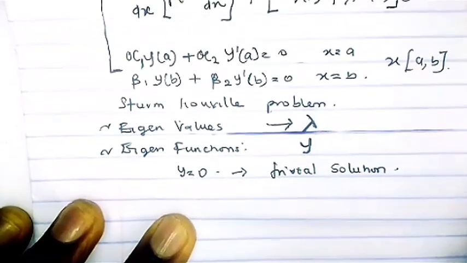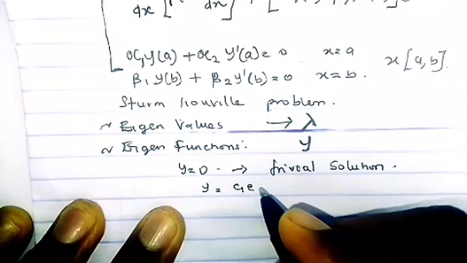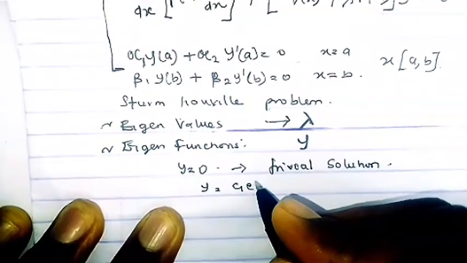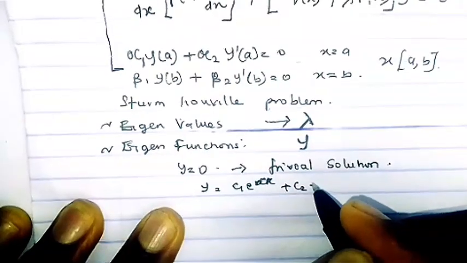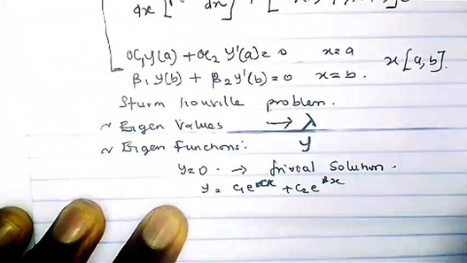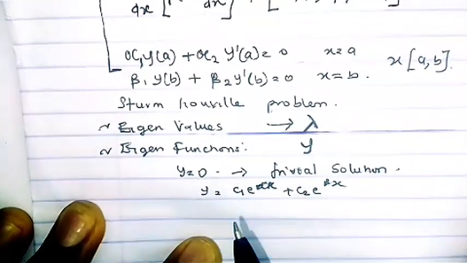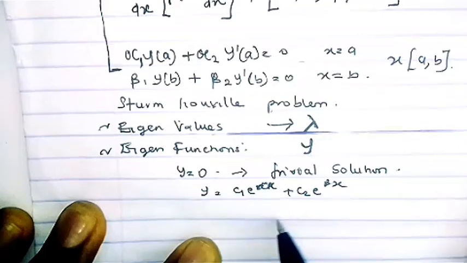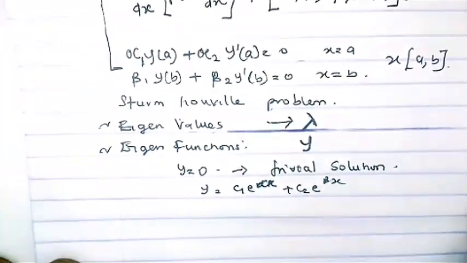So after solving it, you'll have a solution of y like this: c1 e to the power alpha x plus c2 e to the power beta x. This is a standard solution for a second order differential equation. So when you finish solving that equation and you have that y is equal to 0, we call it a trivial solution, right?